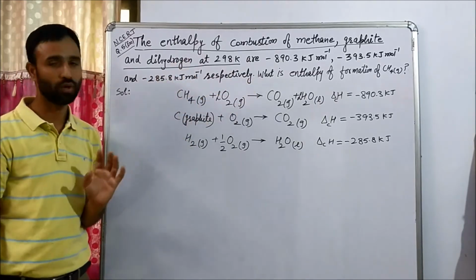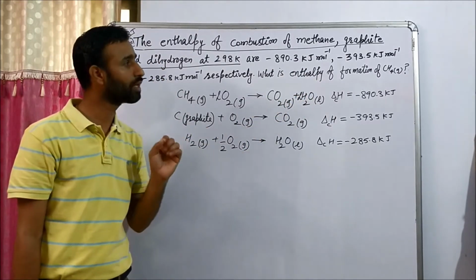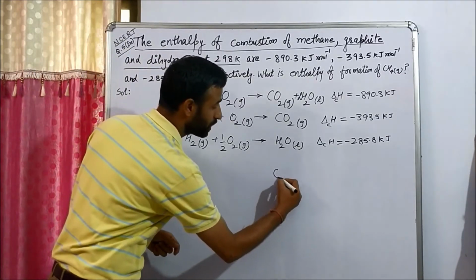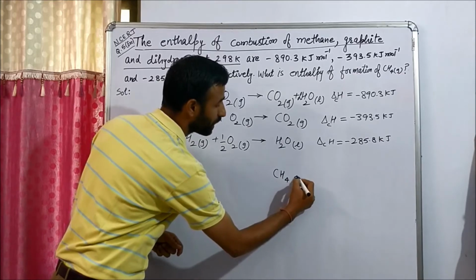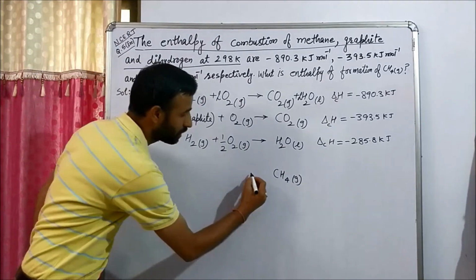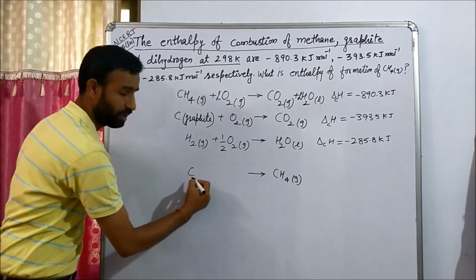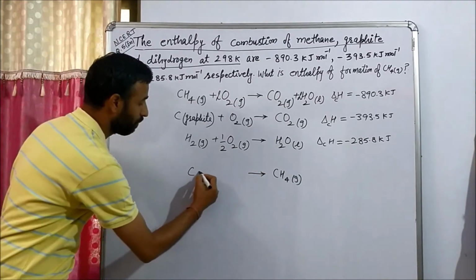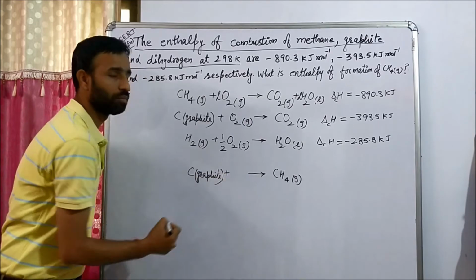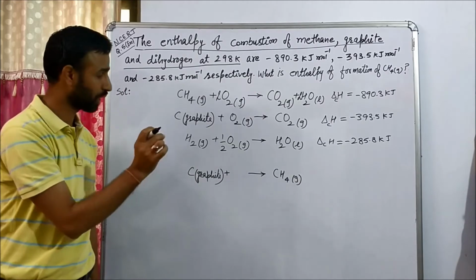Now, enthalpy of formation. It is the amount of enthalpy change when 1 mole of compound is formed. 1 mole of compound formed means on the product side there is only methane gas, because that we have to form from its constituent elements, and one constituent is carbon in the form of graphite, because we take the purest form of carbon, as well as the thermodynamically stable form.